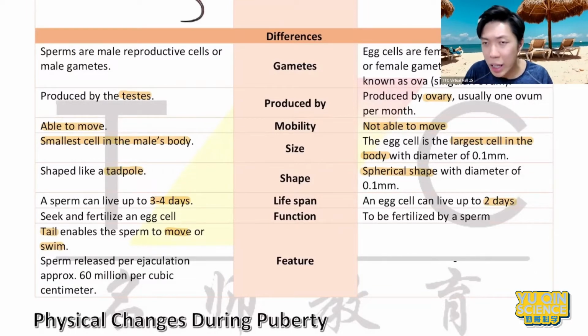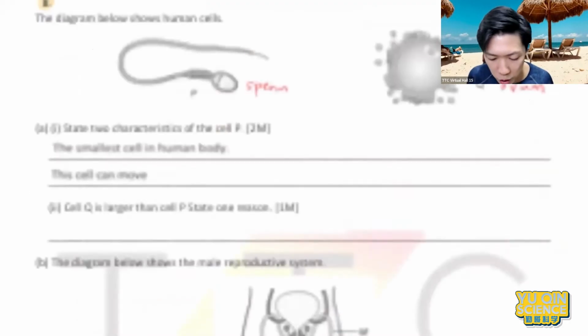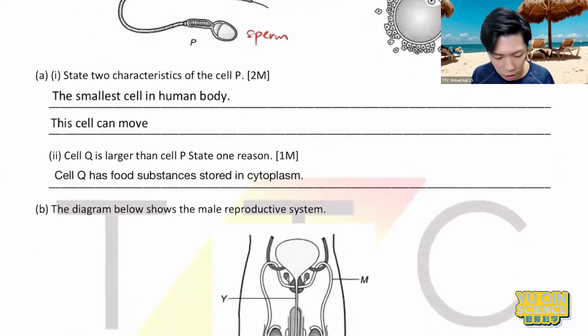Therefore, ovum has all the food, all the nutrients for a baby to start growing. It's like the egg yolk, which consists of a lot of nutrients for the new offspring. So ovum is big because it consists of food for the new offspring. This is how we explain.